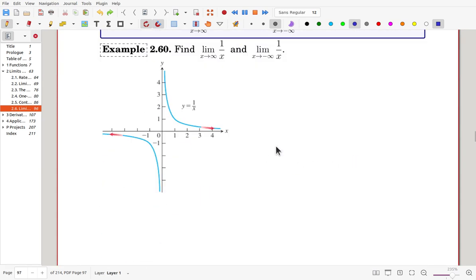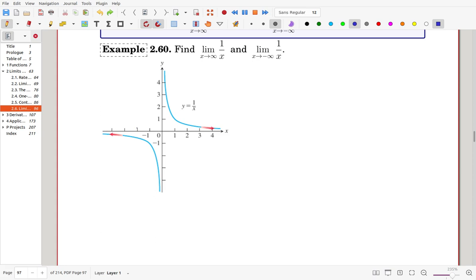In this example, let's find the limit as x approaches infinity or as x approaches minus infinity. As you can see here, as x approaches minus infinity, the function values are close to 0.